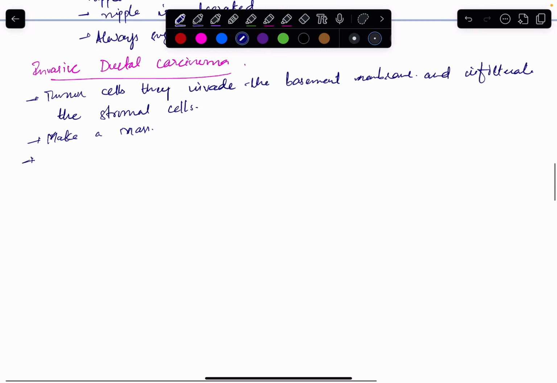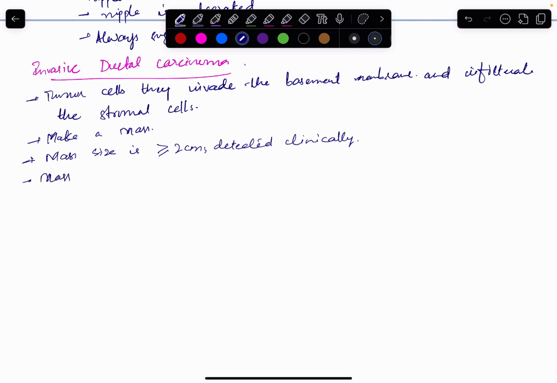If the mass size is more than or equal to 2 centimeter, then you can detect it clinically. But if the mass size is more than or equal to 1 centimeter, then it can only be detected by mammography.